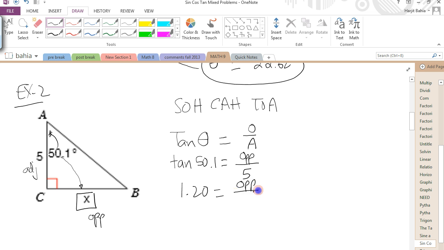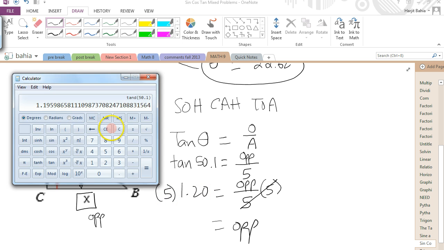Opposite over 5. You want to figure what the opposite side is. We're being divided by 5. How do you get rid of that 5? Well, you multiply by 5. Do the same to the other side. These 5s are going to cancel out. You're just left with the opposite side, which is what we want. 5 times 1.20, should be able to do it in your head. 5 times 1.20 gives us 6.